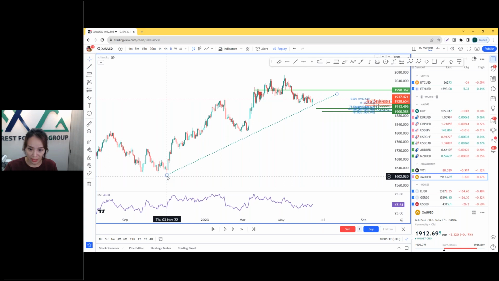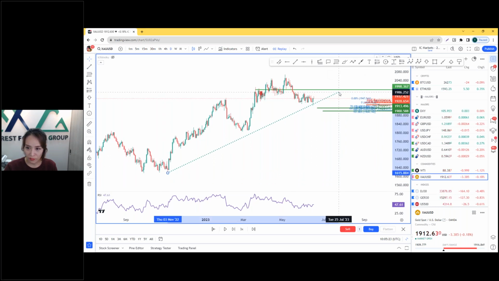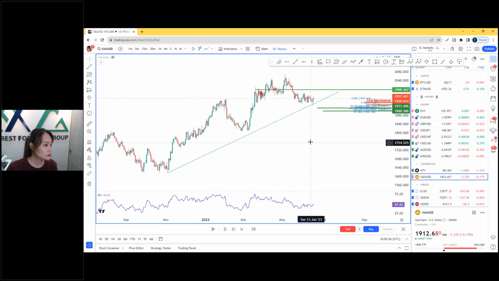Can I draw a trend line like this? Do you think this is a good trend line for me to draw? Any one of you guys? No? Okay. Why can I not draw like that? The current price action is different.